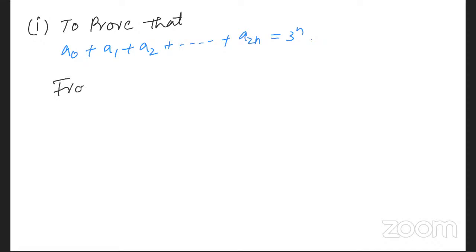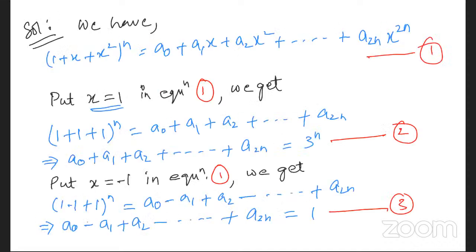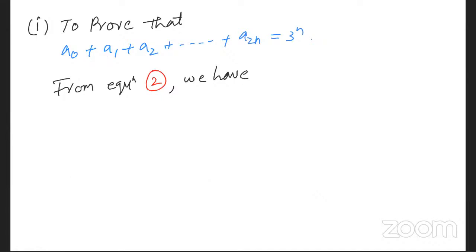From equation 2, this is already the first point proved. We have a₀ + a₁ + a₂ + and so on + a₂ₙ = 3ⁿ.